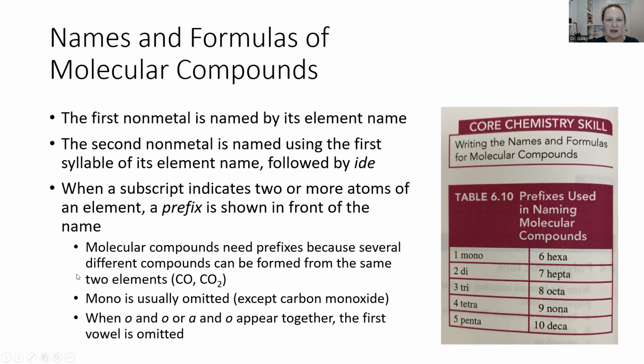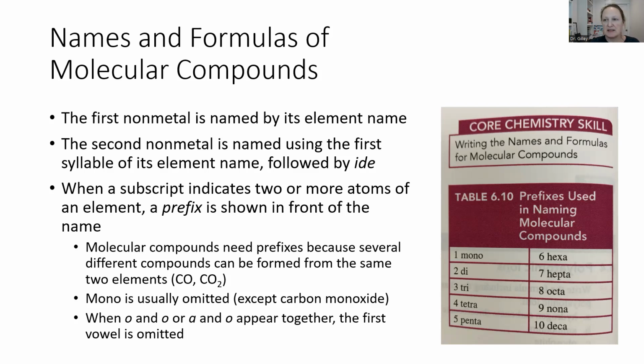Now, just like when we write formulas and we often omit one, just don't write anything, right? The prefix for one, which is mono, is commonly omitted, except for carbon monoxide, in which case it's put in to make sure that it's clear that it's not carbon dioxide.